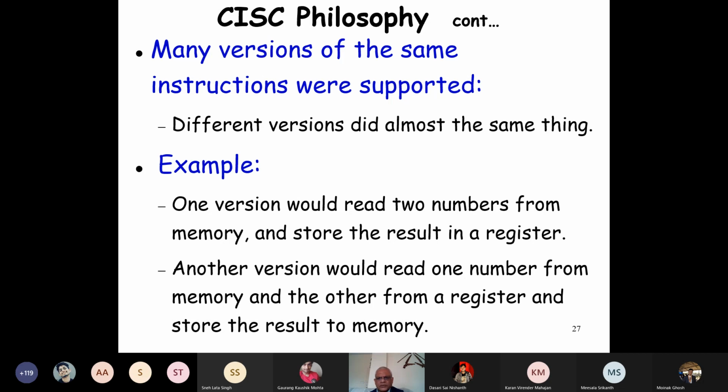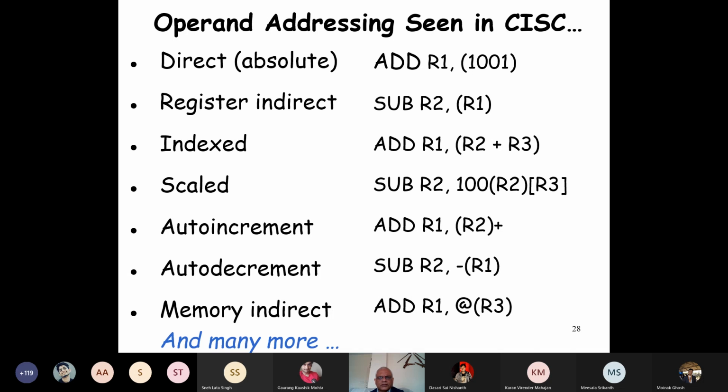Or two memory source operands and the destination is a register, etc. Look at the addressing modes here: direct, register indirect, indexed, scaled, auto increment, auto decrement, memory direct, indirect, and many more. We will not really look at all these addressing modes because we are not going to use them in this course. But this is how it used to be.